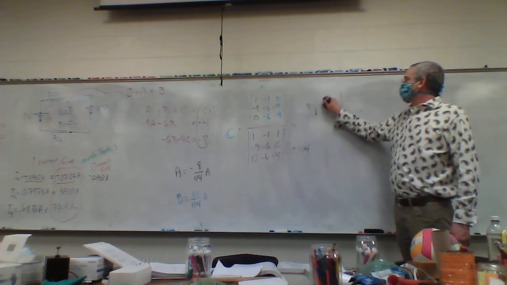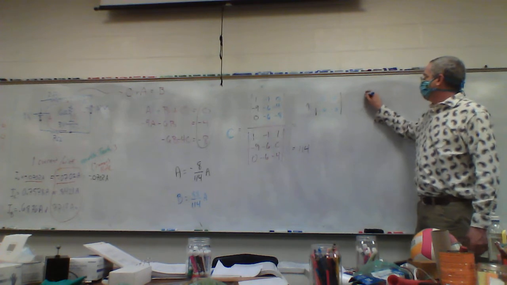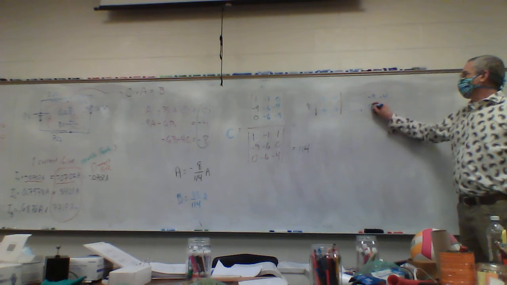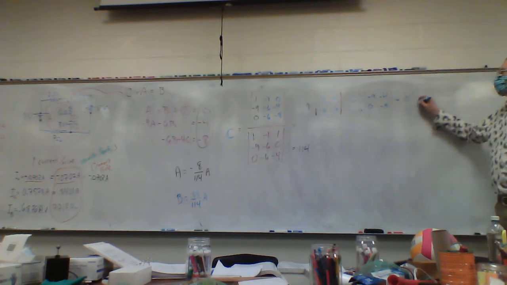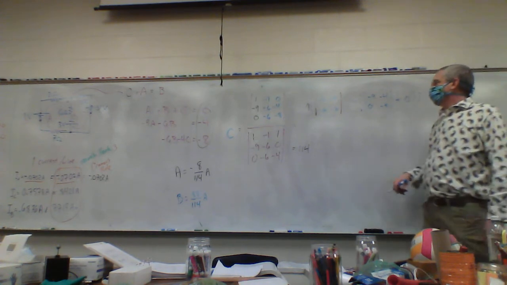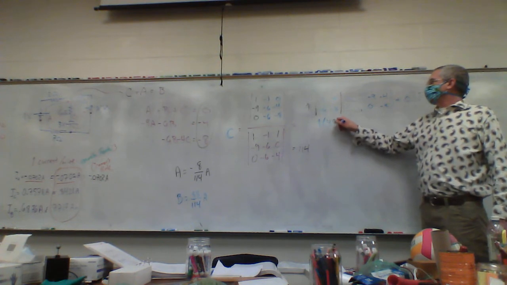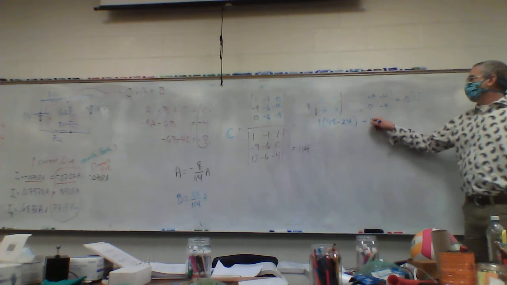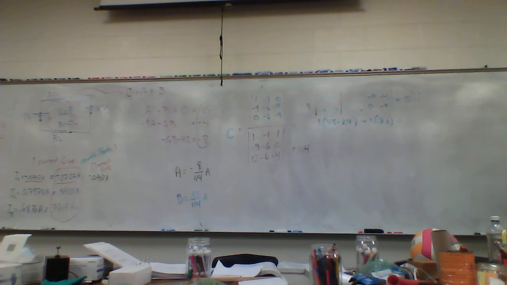And so negative 6, negative 4, negative 6, negative 8, minus negative 1 times negative 9, negative 4, 0, negative 8, plus 0 times. 48 minus 24, plus 1 times 72. 96.